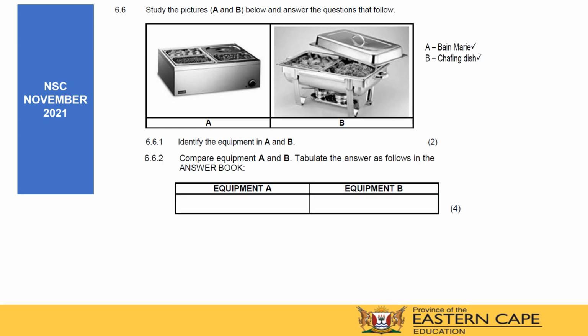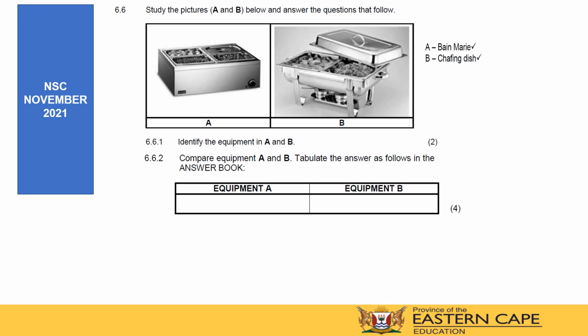The follow-up question says, compare equipment A and B. Tabulate the answer as follows in your answer book. So this means that if you did not get A right and B right, you are going to get the comparison also wrong. So please, boys and girls, look carefully at the picture.